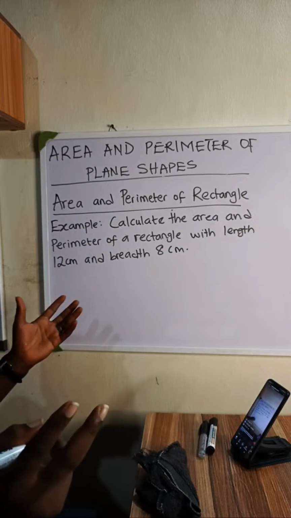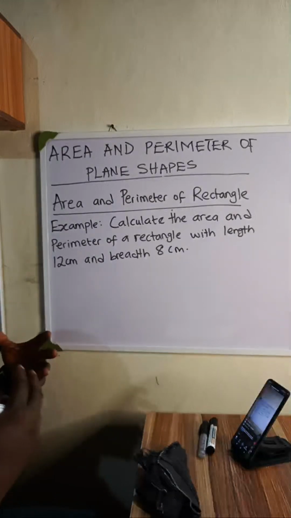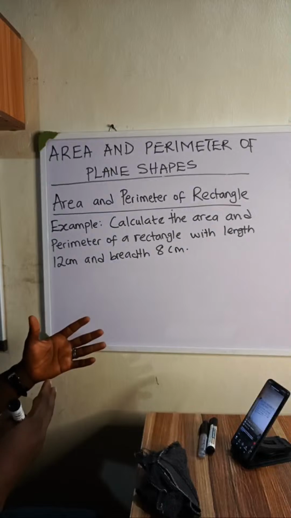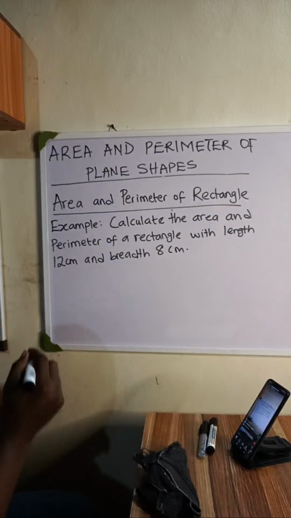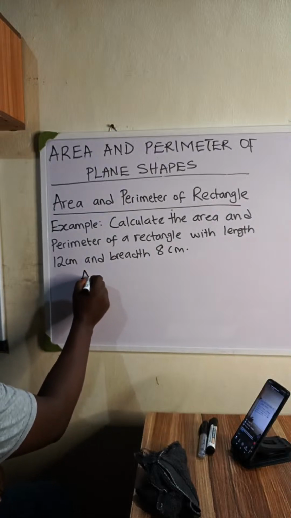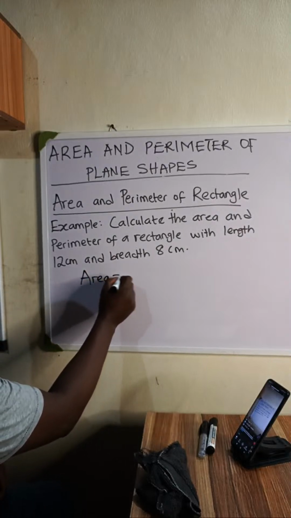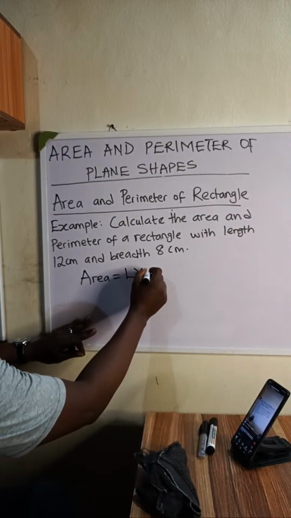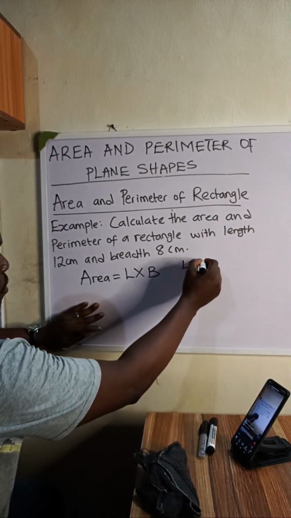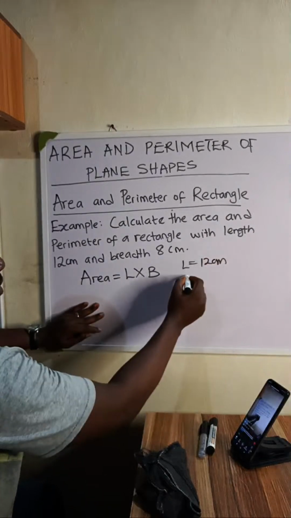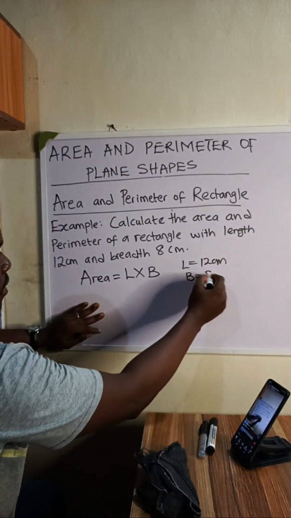All we need to do is apply the formulas for calculating area of rectangle and perimeter of rectangle. So let's calculate the area first. Area is equal to length multiplied by breadth. We already know that the length is equal to 12 centimeter. The breadth is equal to 8 centimeter.